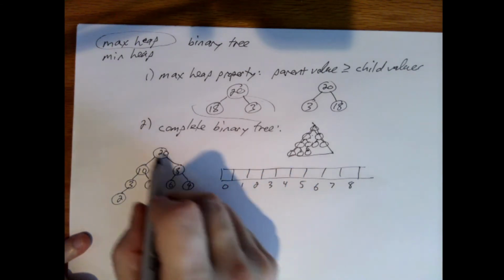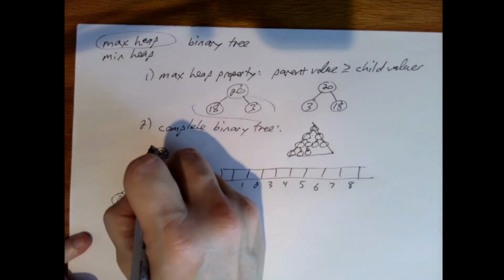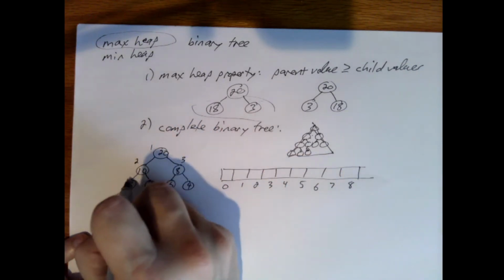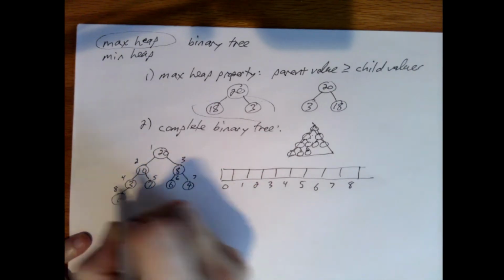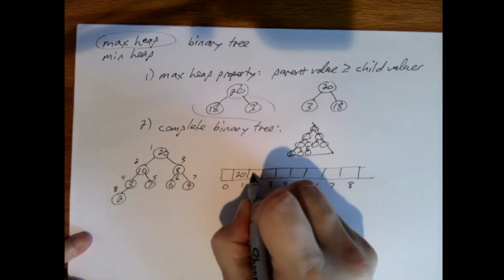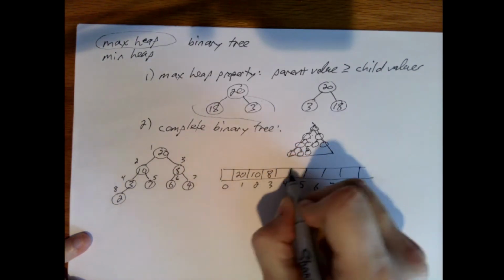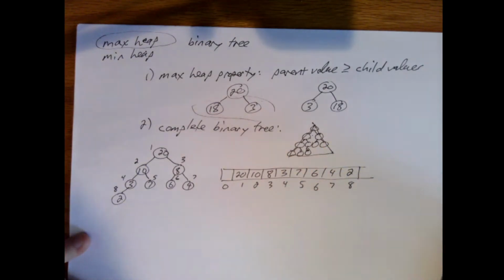Technically, you could use that, but everything would need to be adjusted by 1. But we'll say this is 1, this is 2, this is 3, 4, 5, 6, 7, and 8. These numbers I've just written are the indices. So here's the 20, here's the 10, the 8, the 3, 7, 6, 4, 2.